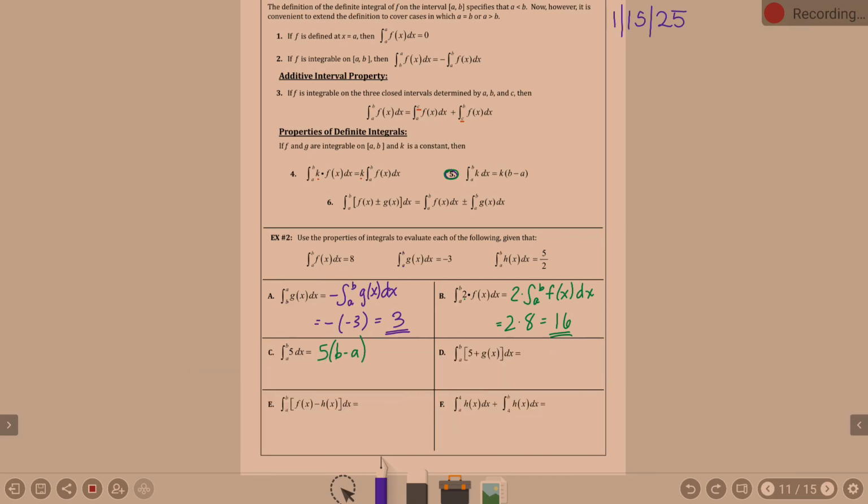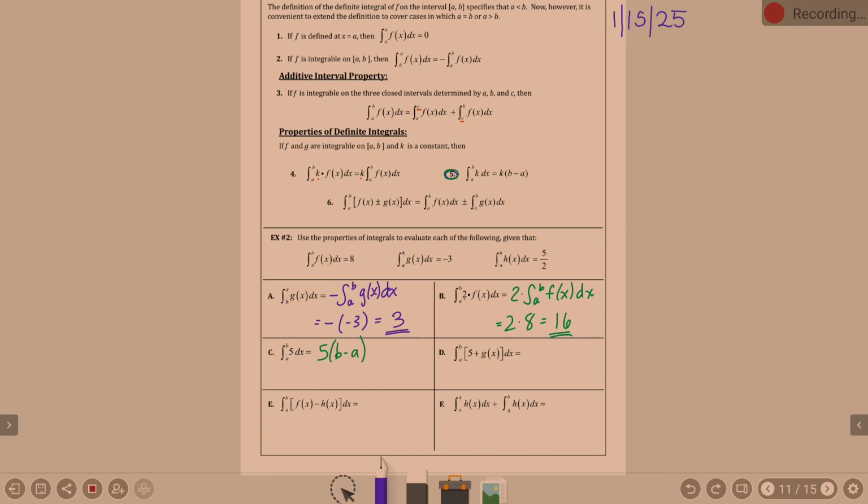Okay, D. The integral from a to b of 5 plus g of x with respect to x. Have to do number 6. Officially, yeah, number 6, and that there's addition within the integral.